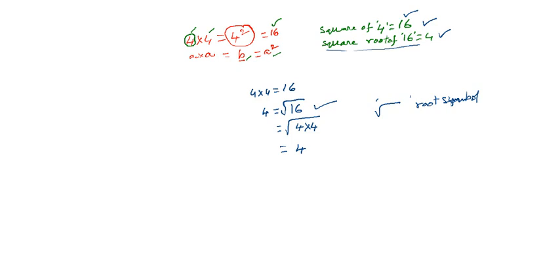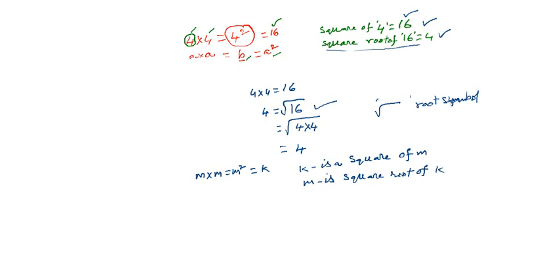If you take some m into m is equal to m square, that is a number, some k, then here k is a square of m, and m is the square root of k.